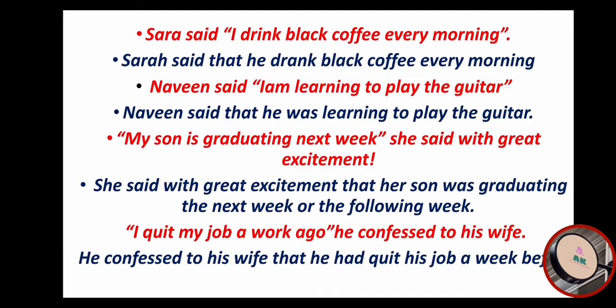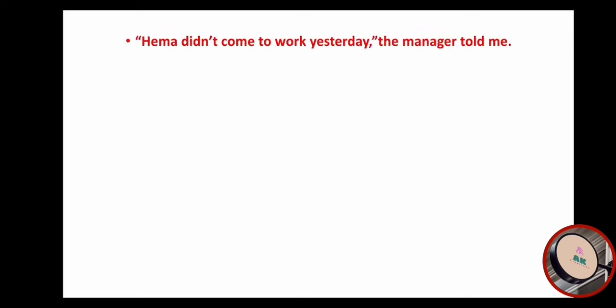See, children, the first thing you have to remember is whether it's a positive sentence or a negative sentence. So this is a negative sentence. Why? Because didn't come is there. So didn't come will be negative, and this sentence starts with a past simple, and for that you have to change it to past perfect tense.